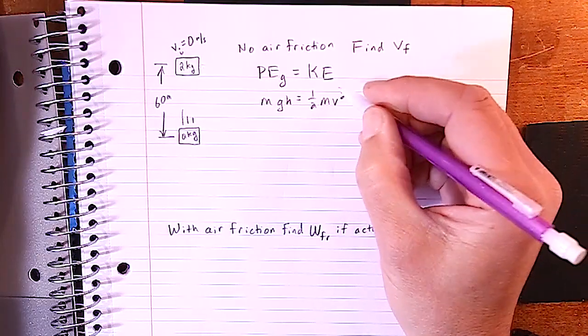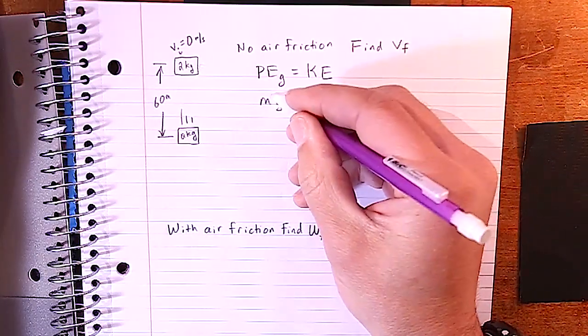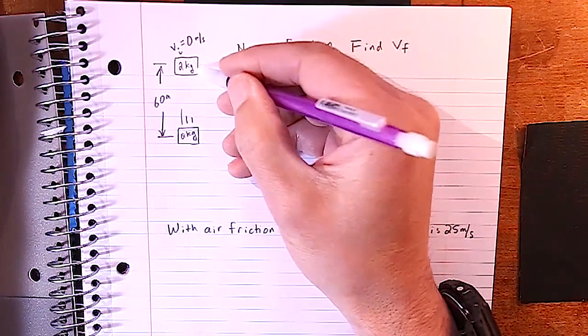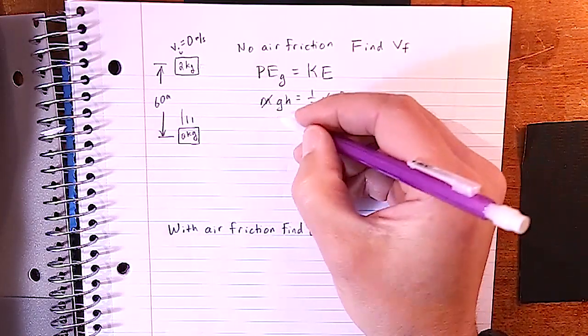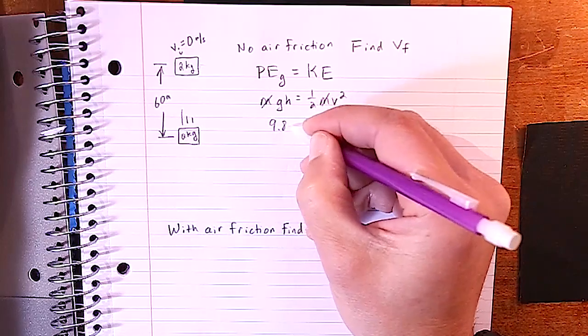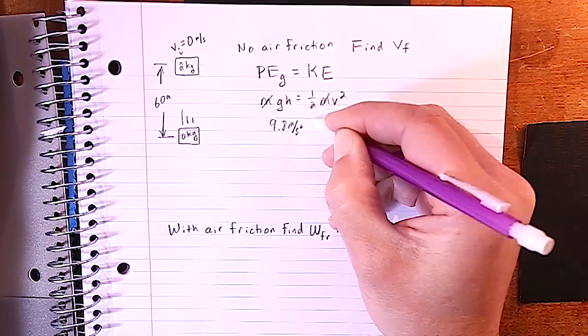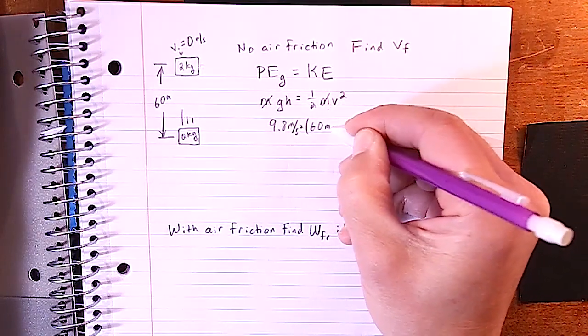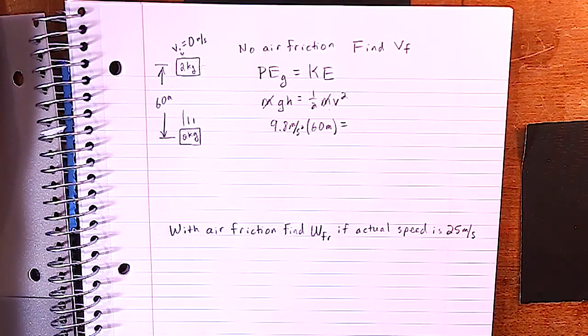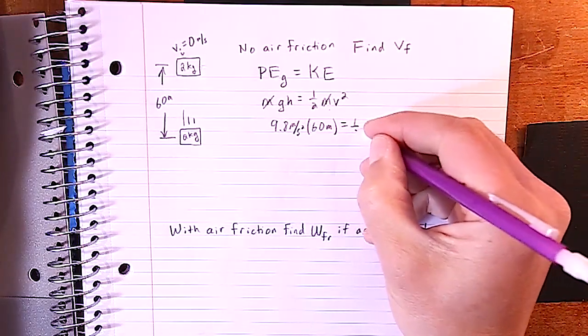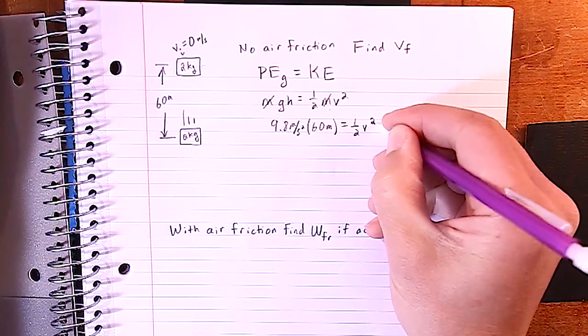What's nice here is that mass is on both sides of the equation, so we don't actually have to know that it's 2 kilograms. So we have 9.8 meters per second squared times a height of 60 meters is equal to 1/2 times v squared.